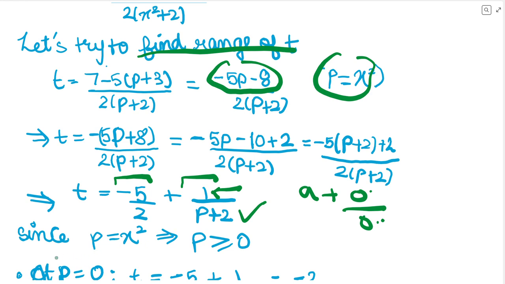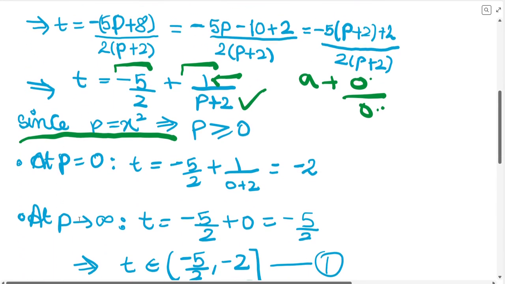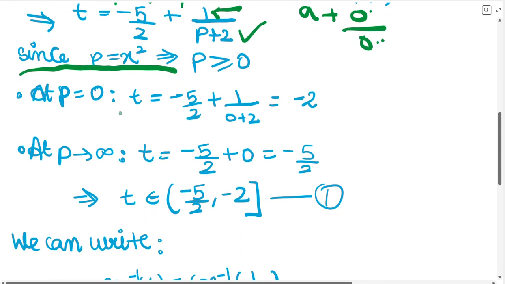We also have to keep in mind our substitution: since we substituted p as x square, p has to be greater than or equal to 0, because x square is greater than or equal to 0. Now to find the range of t, we substitute p as 0. Since p is in the denominator, if we minimize p, we get the maximum term.